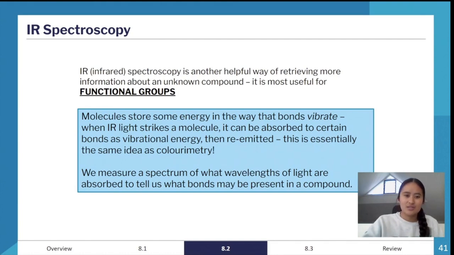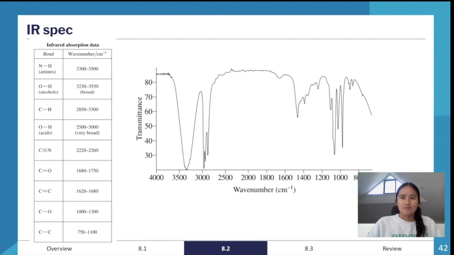So I'll show you what it looks like. On the left, that's basically what you get in your data sheet. It has the wavelengths for different bonds, and then you'll be shown a graph that looks like this. We call those dips peaks, even though when you think of a peak, you think of it going up and down. You still call these peaks, even though they're more like troughs.